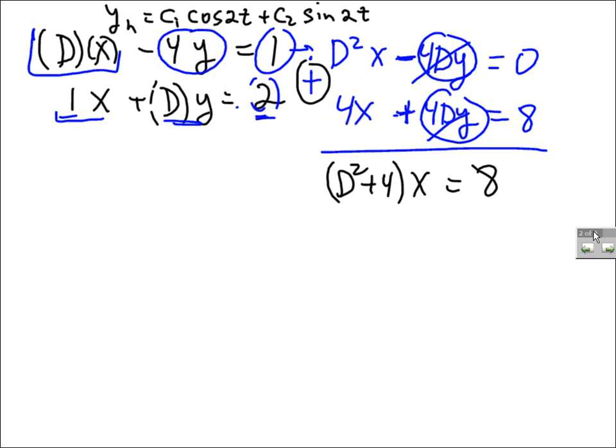Now the auxiliary equation will become this. Then this must be negative 4, and like before, m will be plus or minus 2i.